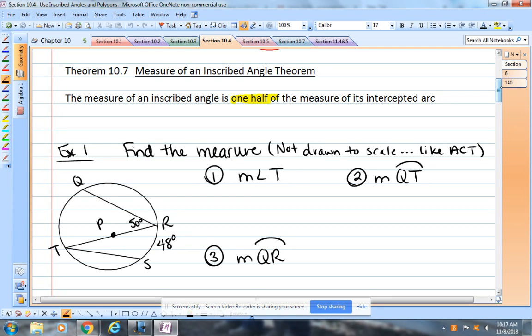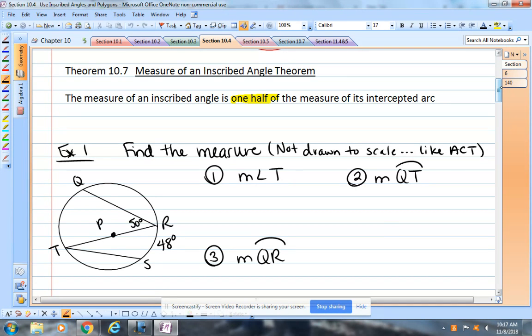Okay? So the inside angle will be half of the intercepted arc. Angles have measures with degrees, arcs have measures with degrees. And if we know the inscribed angle, we can double it and get the arc. Or if we know the arc, we can half it and get the angle. Okay?